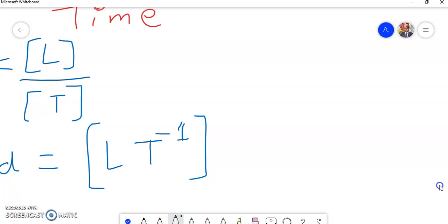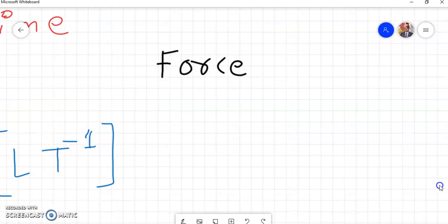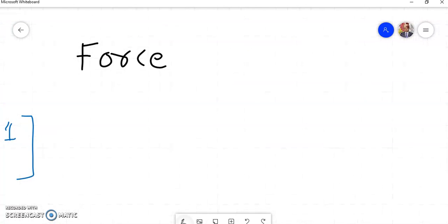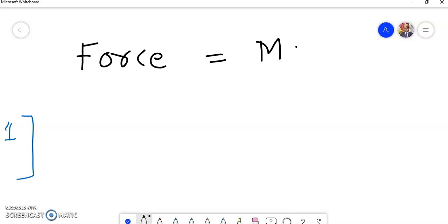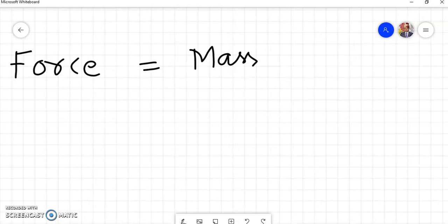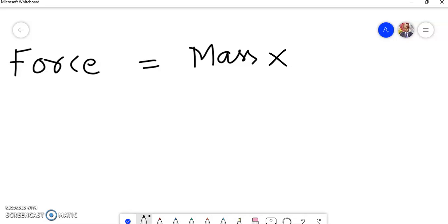Let us take another example. We are very much aware of force. You know that force is equal to mass into acceleration. ठीक है.